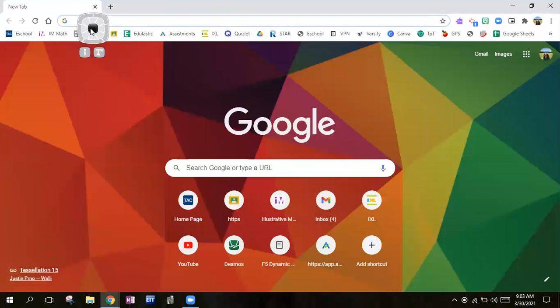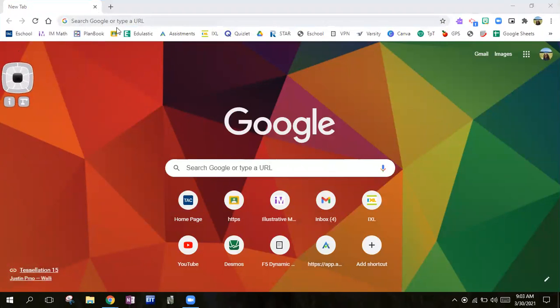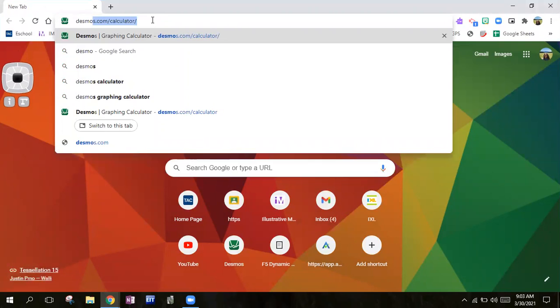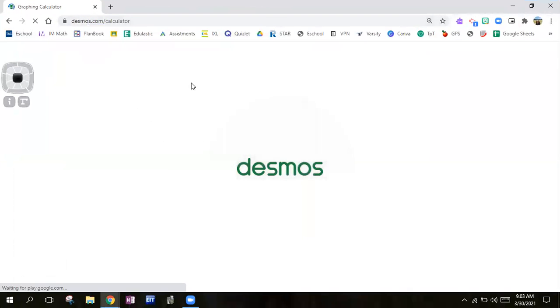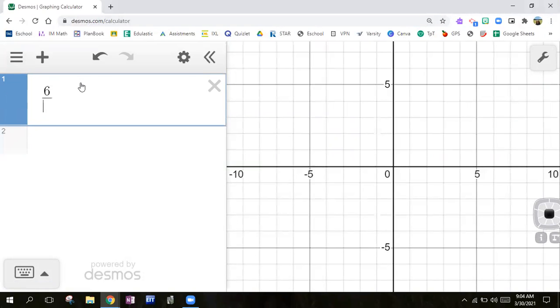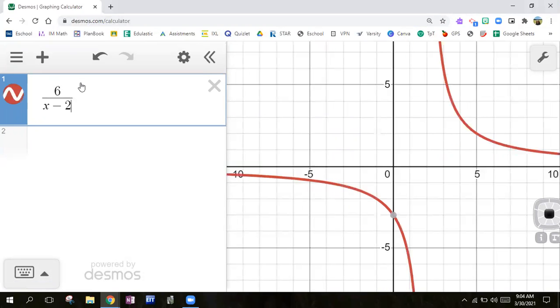Okay, so let's graph it and see what we notice about this graph. Okay, 6 divided by x minus 2.